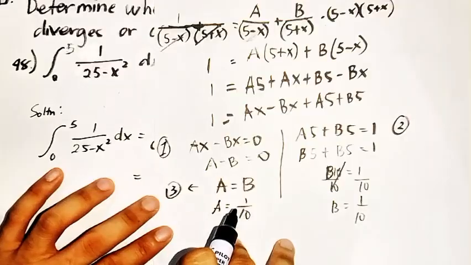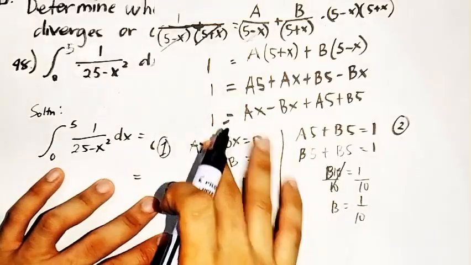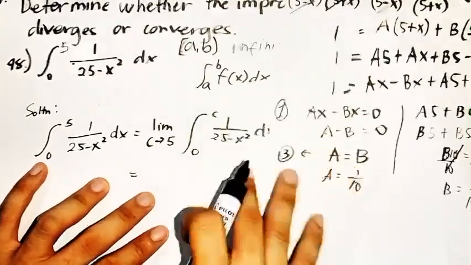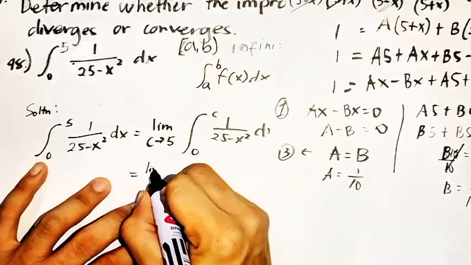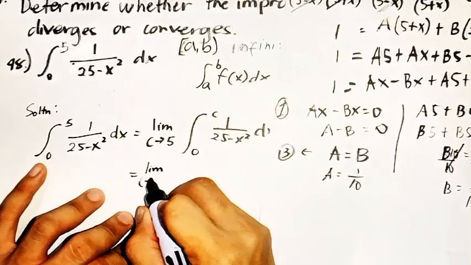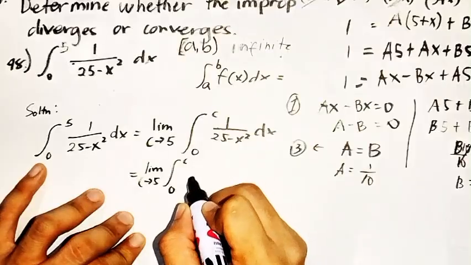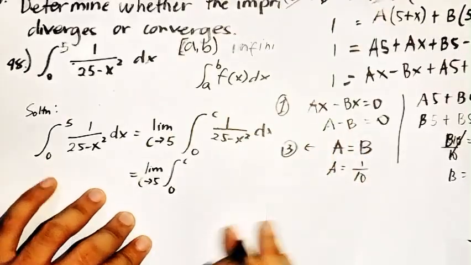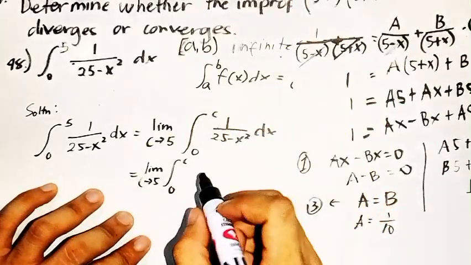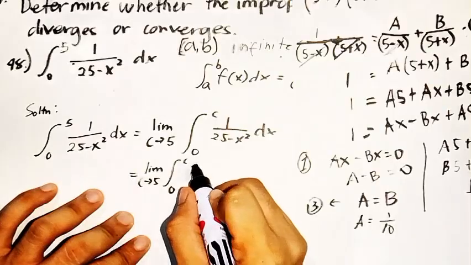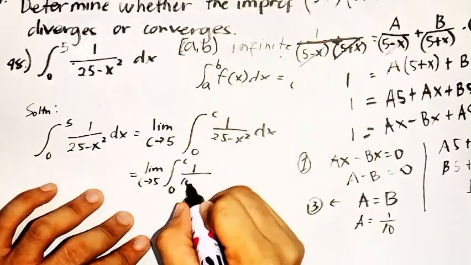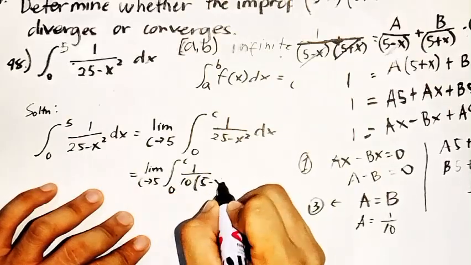Now let's go back to our function. So ito magiging limit c approaches to 5, integral of 0 to c. Magiging na itong our value of a is 1 over 10, 5 minus x.